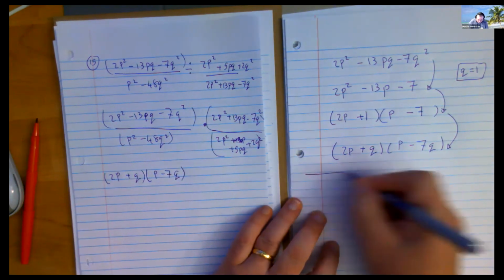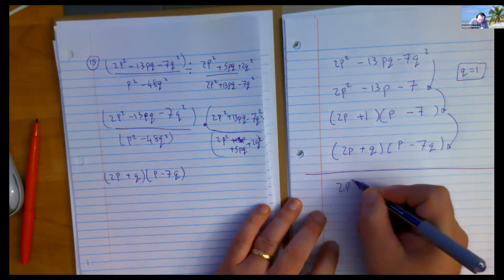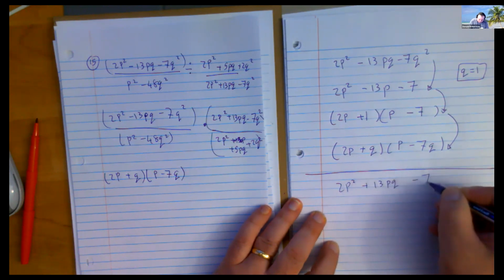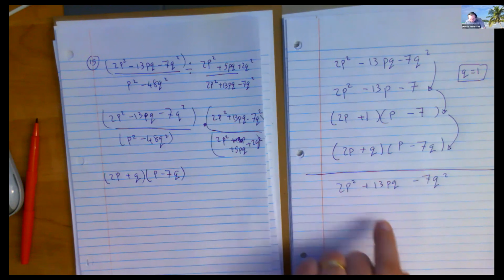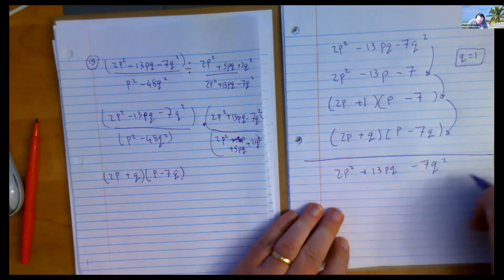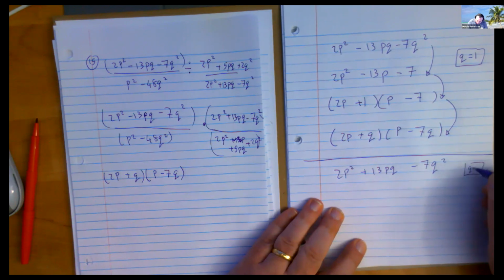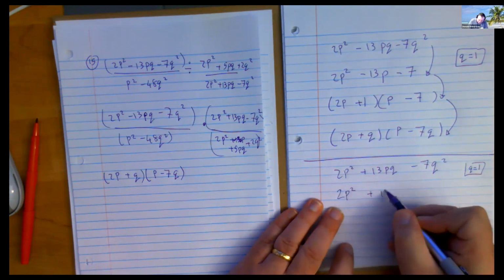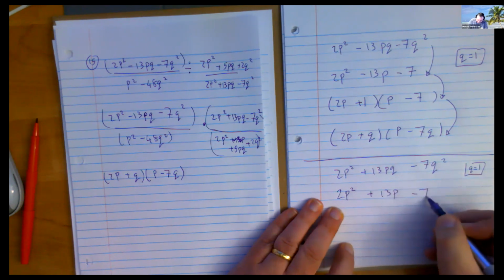Okay, next one on the list. 2p squared plus 13pq take away 7q squared. It's very similar to this one, except it has a plus here, right? So make q equal 1, and you now have 2p squared, 13p, take away 7.